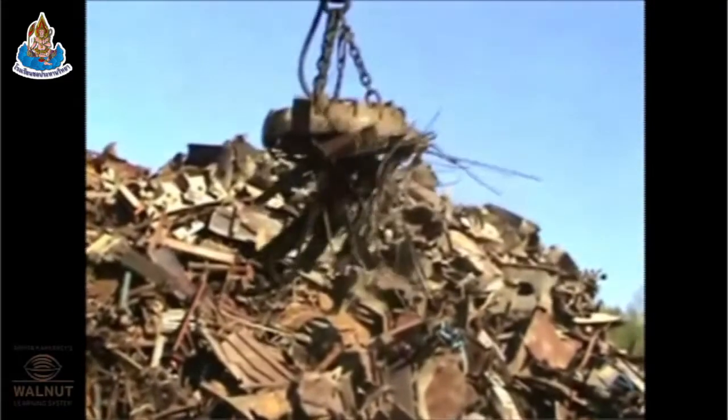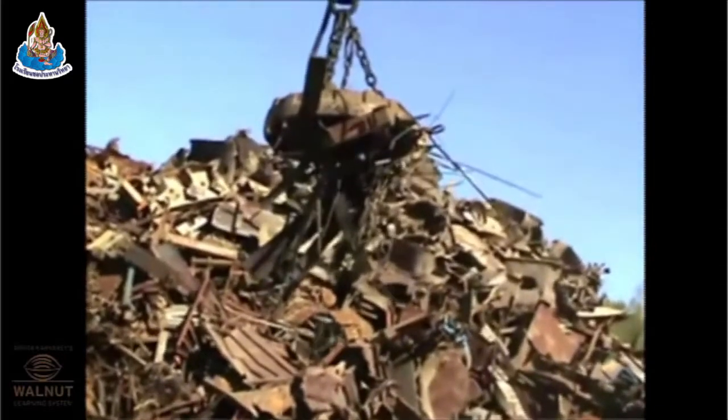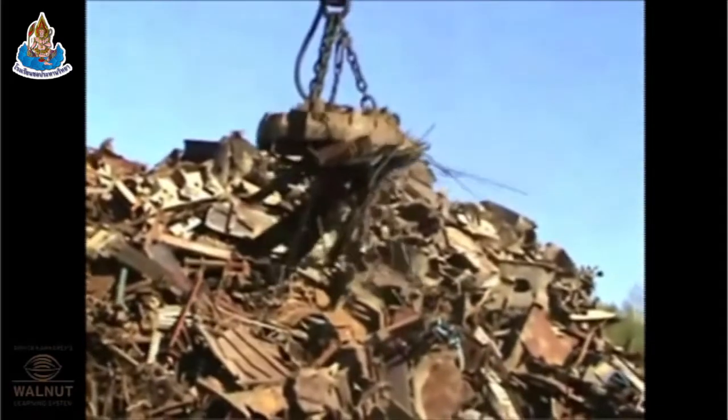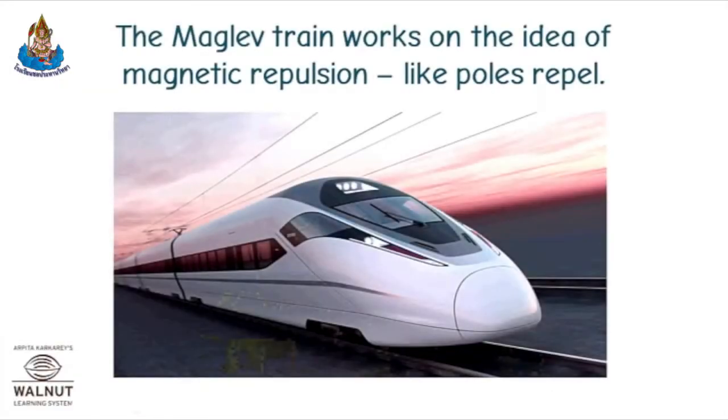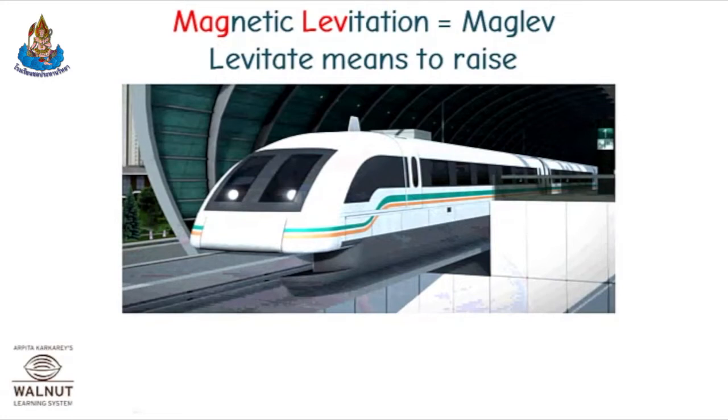Magnets are useful to separate iron objects in a junkyard. A maglev train works on the idea of magnetic repulsion, like poles repel. Magnetic levitation is equal to maglev.